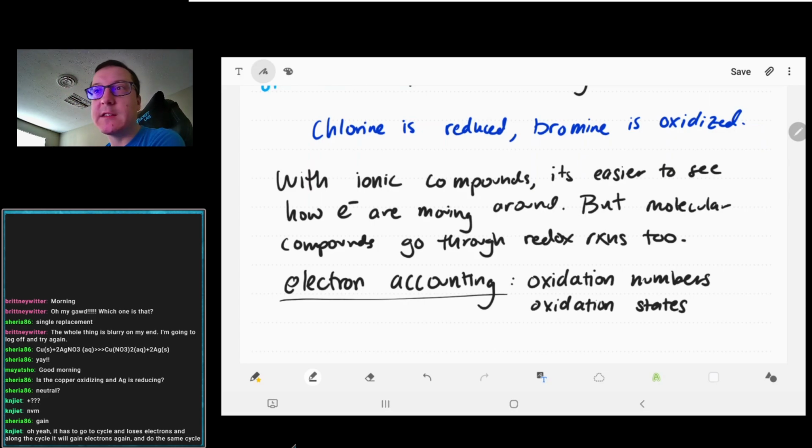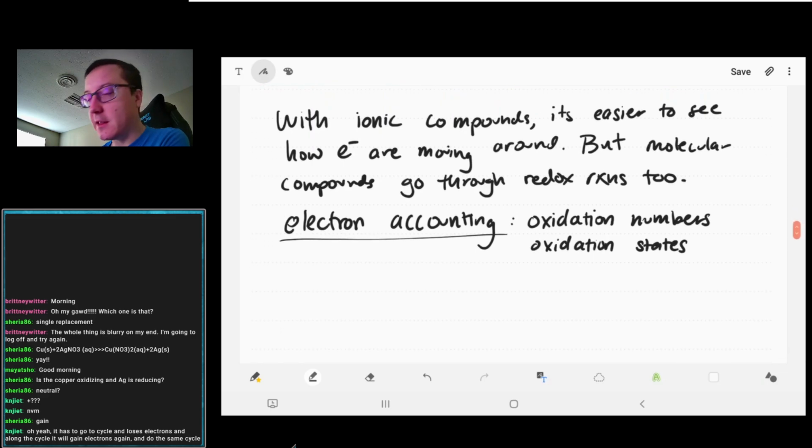It means the same thing as oxidation numbers. And fortunately for us, we actually know pretty much all of the rules already for this. They're just all over the place in our chemistry journey so far, but we're now going to aggregate them together into a set of rules to make things easy for us.